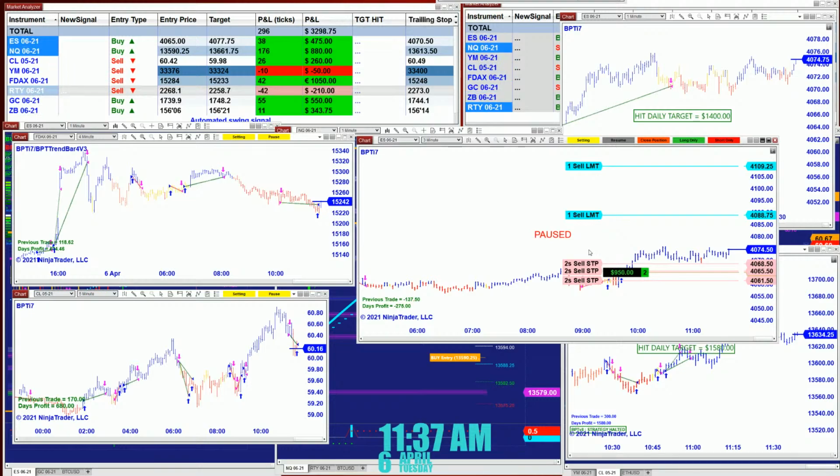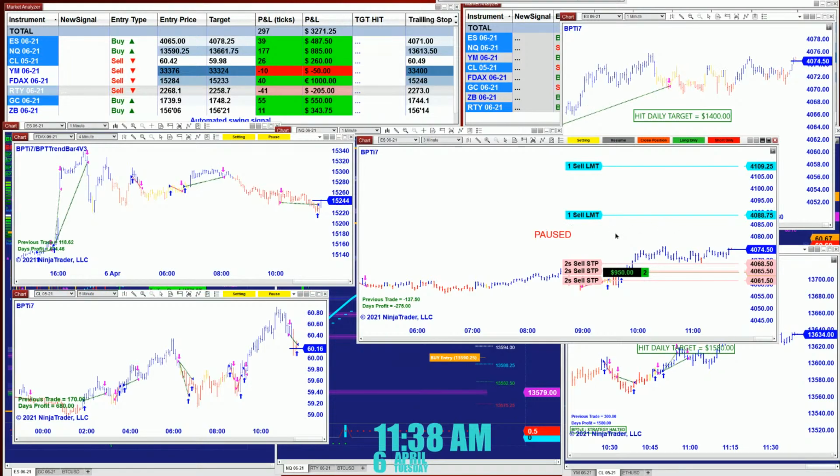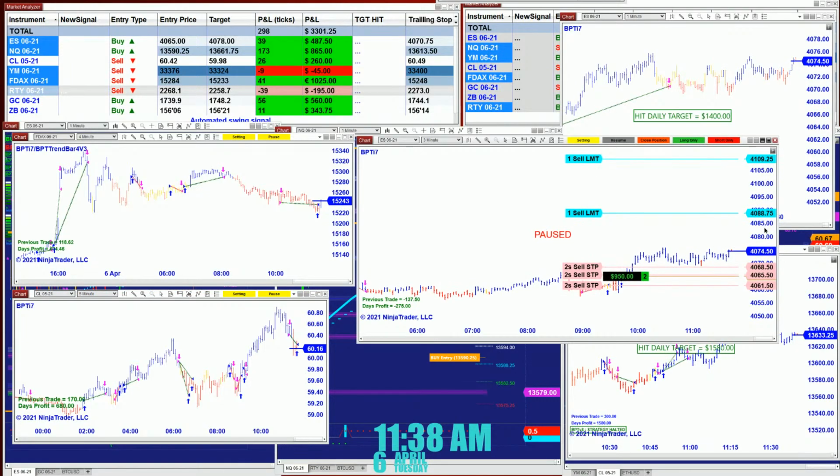That will be perfect. So that guy called us about how lousy we are with our auto trade, because he put it on pause here, and the auto trade kept trading.